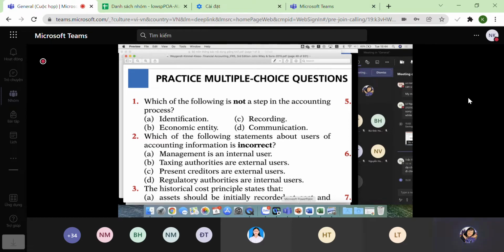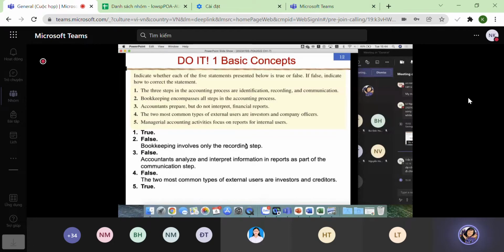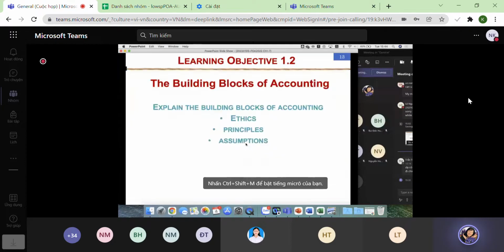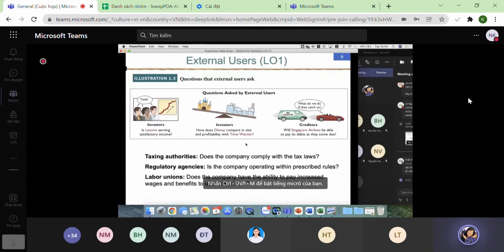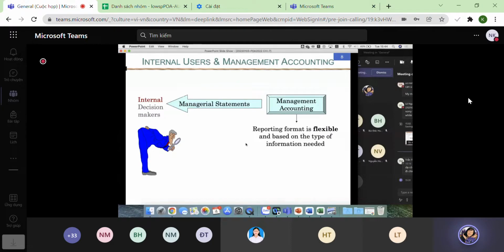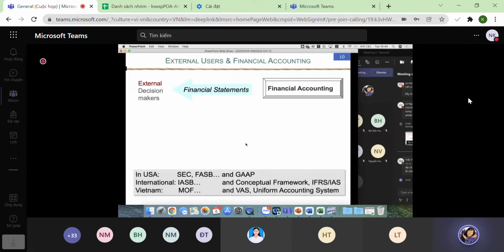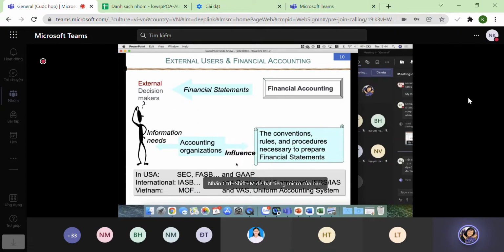The second part of our class today, we focus more on this one. What is the financial accounting system based on to prepare financial statements? So we focus on this thing.